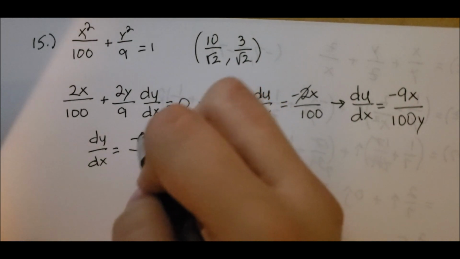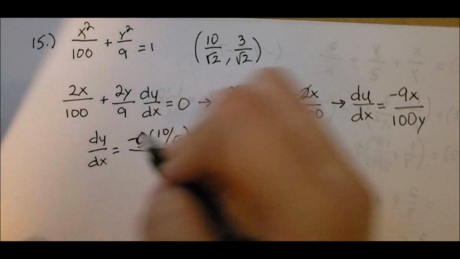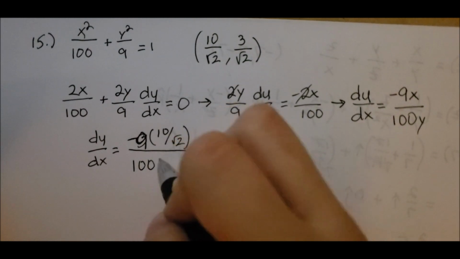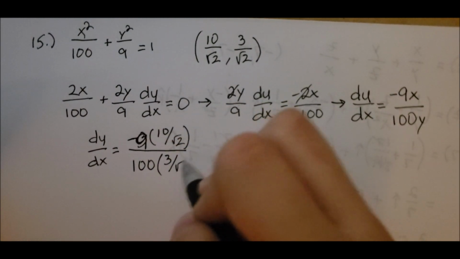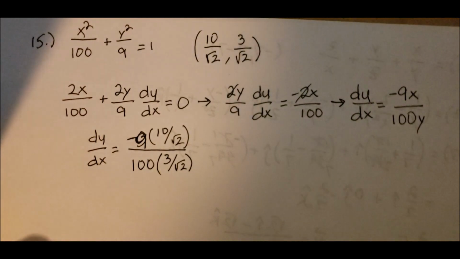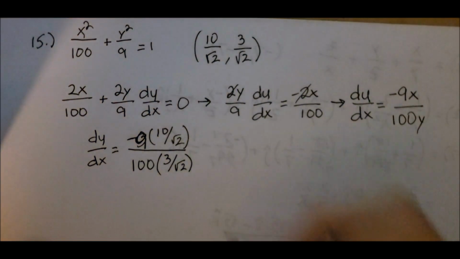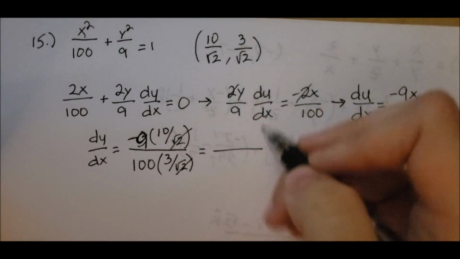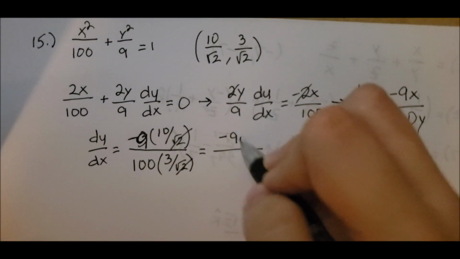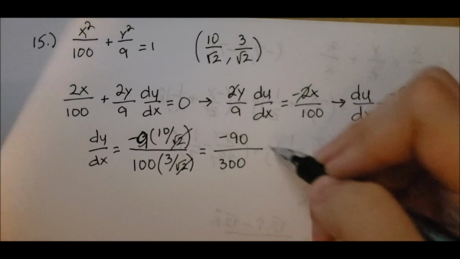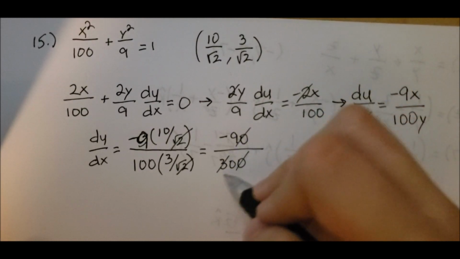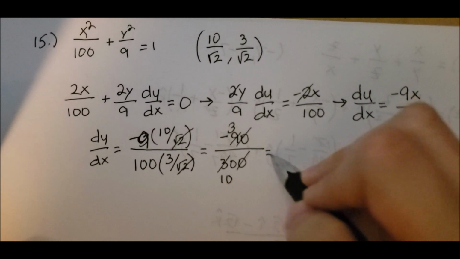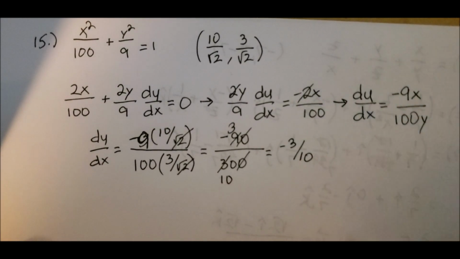That's negative 9. So square root of 2, square root of 2 is gone. So we get negative 3/10.